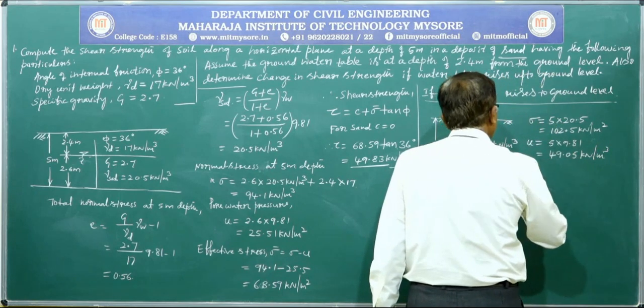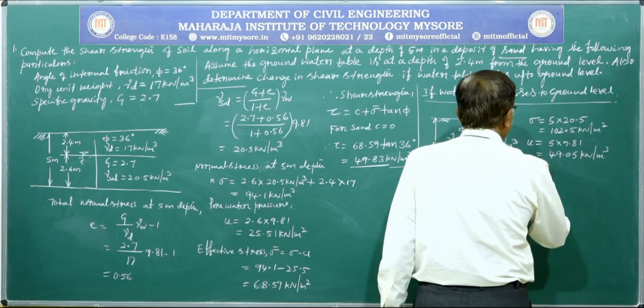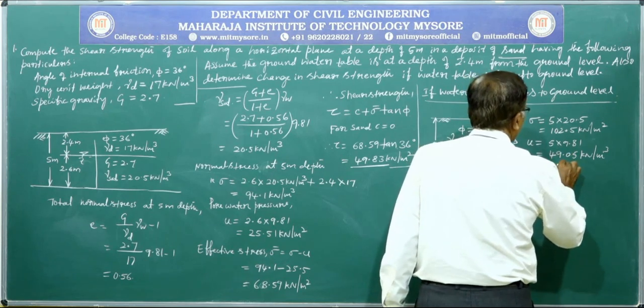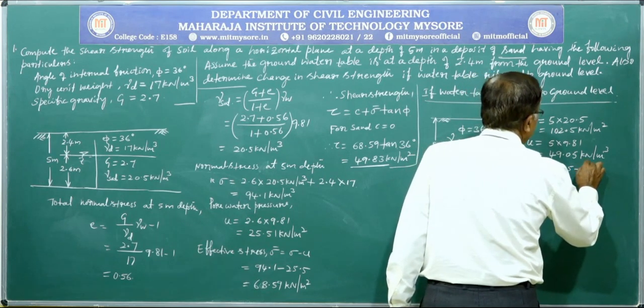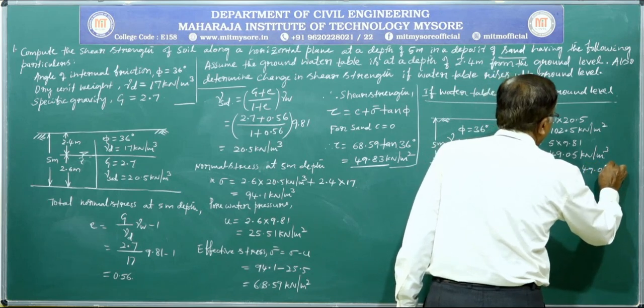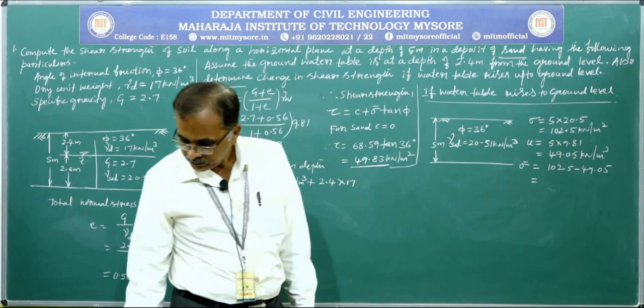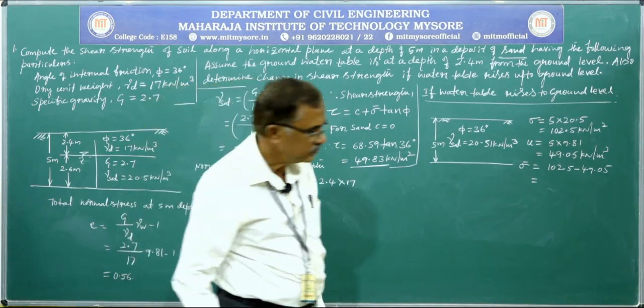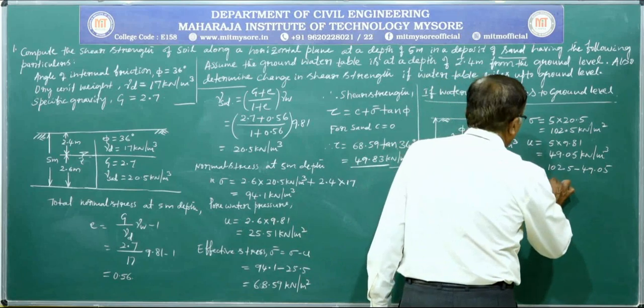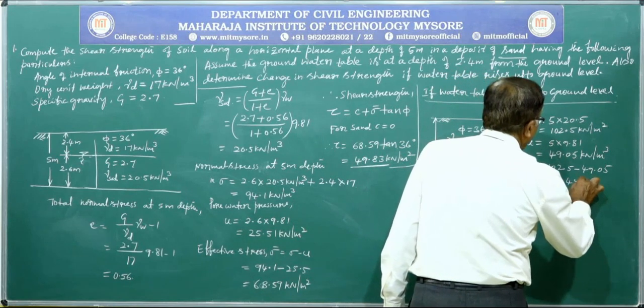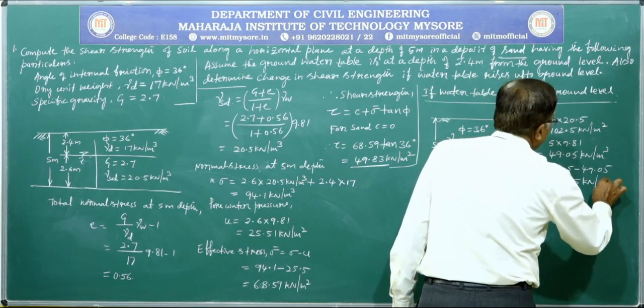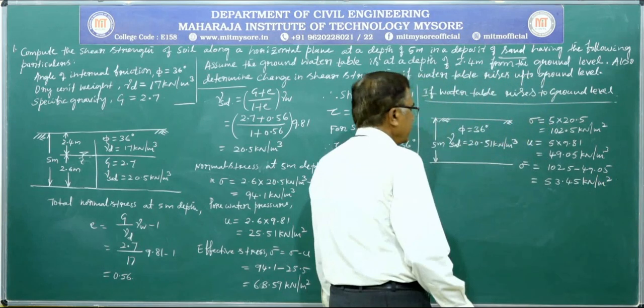Therefore, effective stress sigma bar is equal to 102.5 minus 49.05, that is equal to 53.45 kilonewton per meter square.